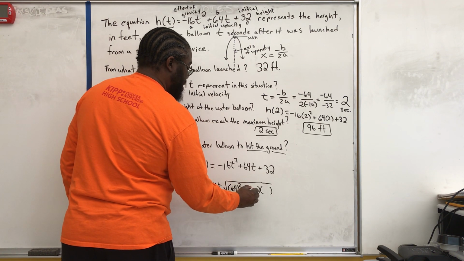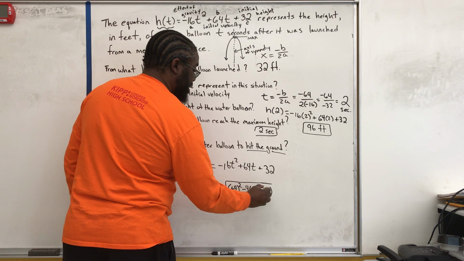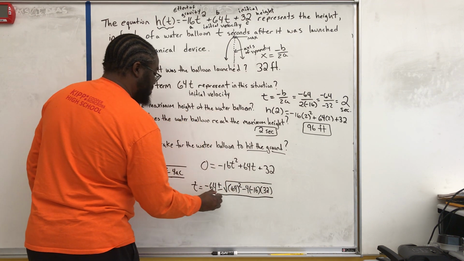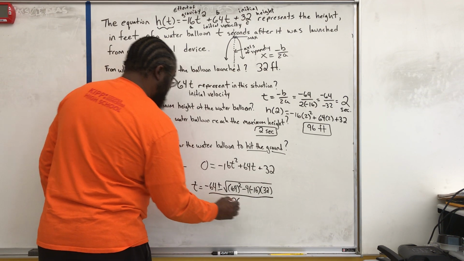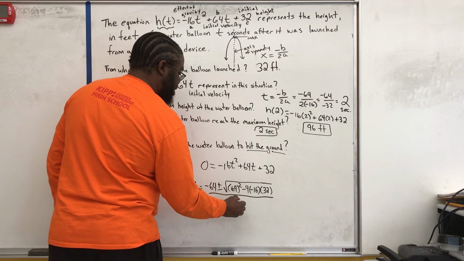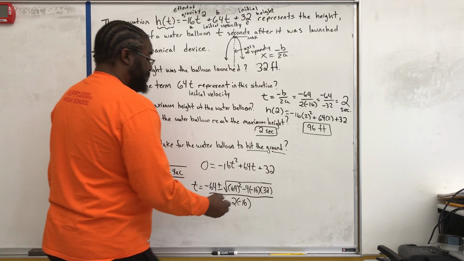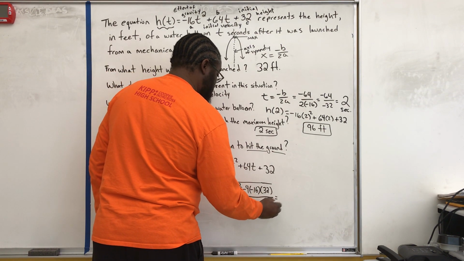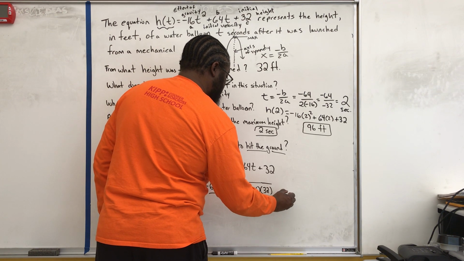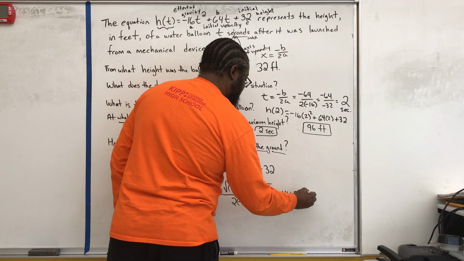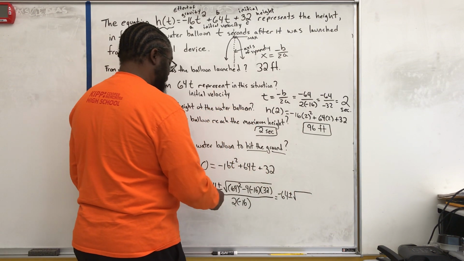A is negative 16, c is 32, and all of that is divided by 2 times whatever a was, which is negative 16. All right, so this is going to equal negative 64 plus or minus the square root of, what is that?